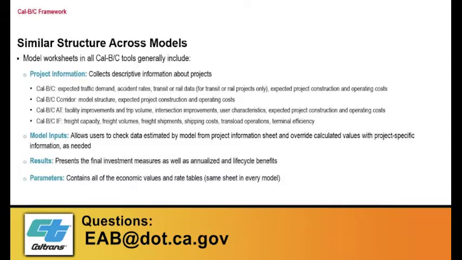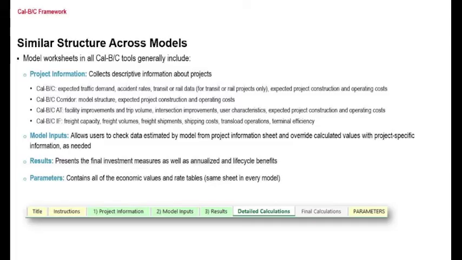And then the results page, I will show you the screenshot later on, presents the final investment measures as well as annualized and 20-year benefits of a project. And then the last tab is the parameters page, the sheet that contains all the economic values and rate tables in the models.